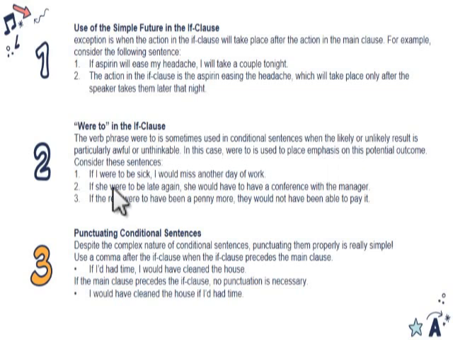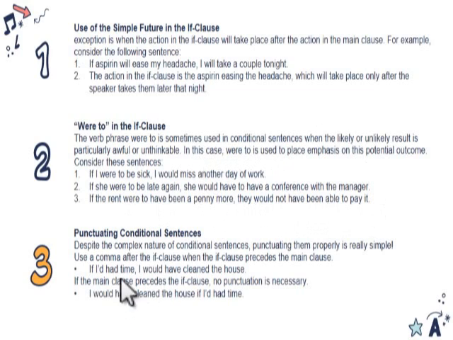Look at this one: if I were to be sick, I would miss another day of work. If she were to be late again, she would have to have a conference with the manager. And if the rent were to have been a penny more, they would not have been able to pay it. Okay, this is for the second exception.